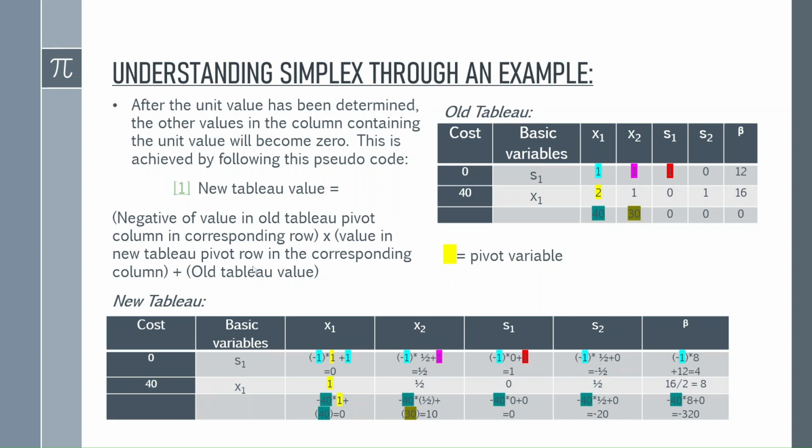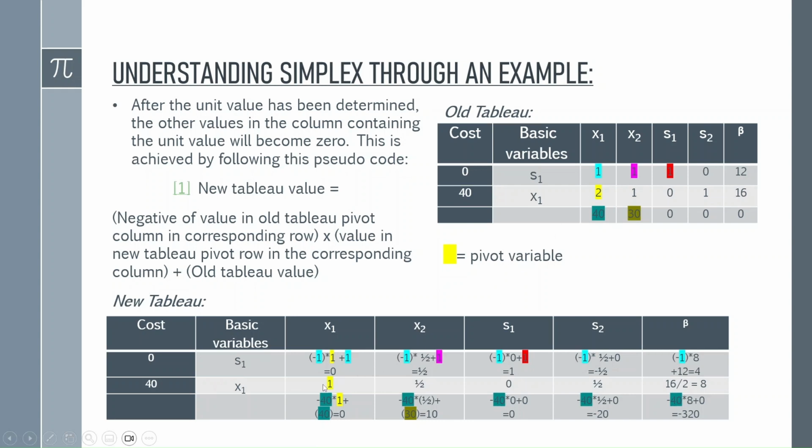Using this, we nullify the values of the pivot column other than the pivot variable, or the unity that we achieved by manipulating. So this is the whole table which we had for making the pivot variable into a unity. Here the pivot variable is 2.